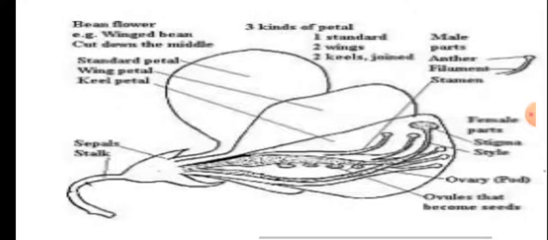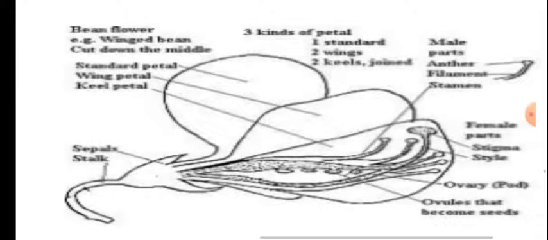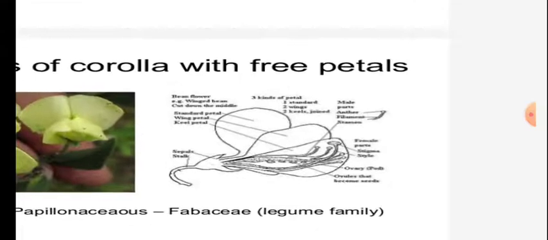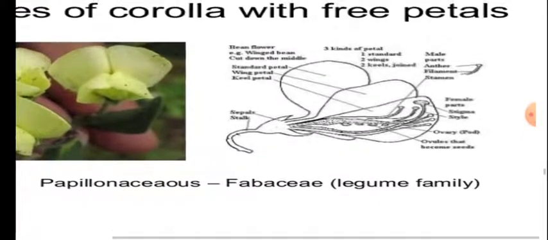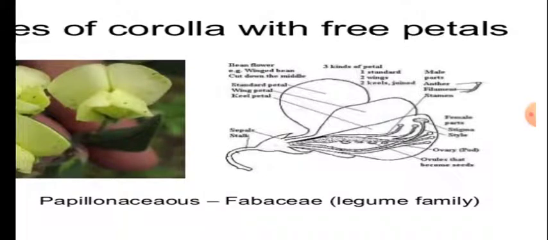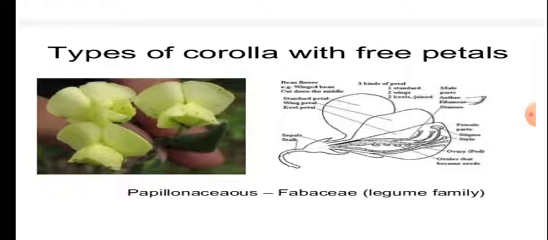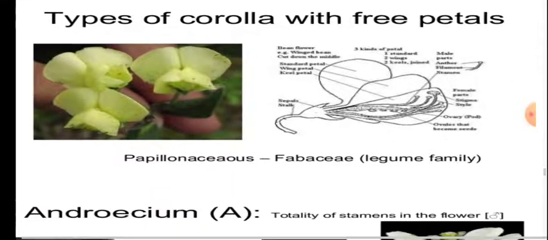Inside this there are two wings, and inside again two petals called keels. We already saw this in aestivation. This type of corolla is called the papilionaceous corolla: standard, two wings and two keels. So five petals are there. It is the specific character.